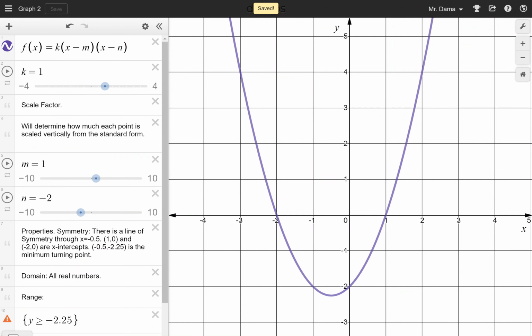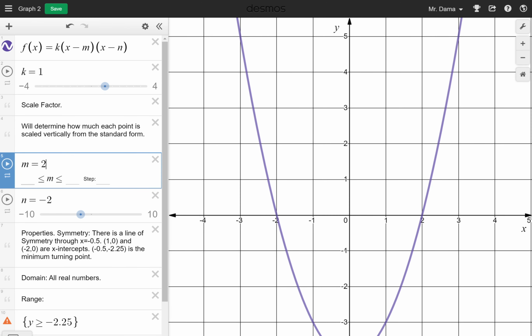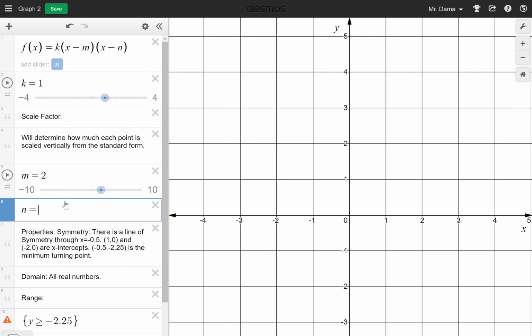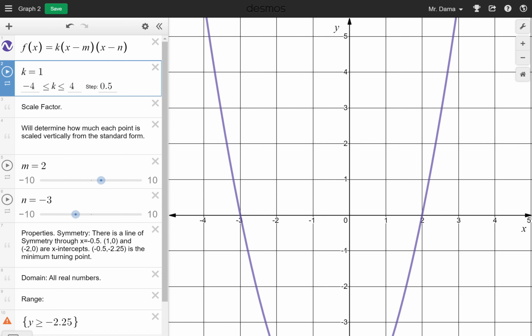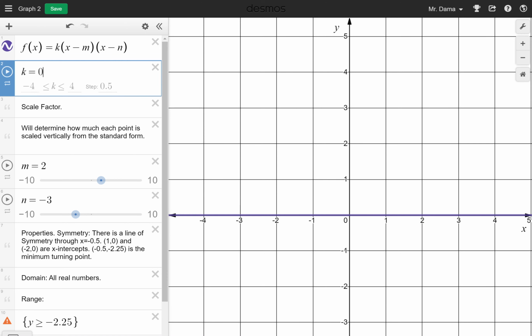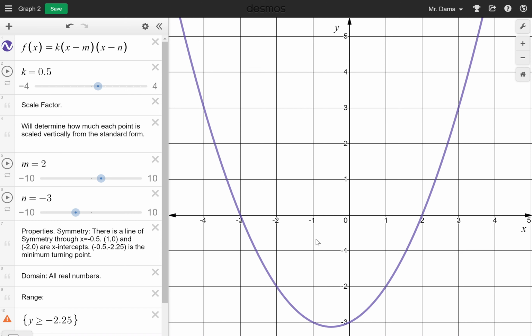In this second graph, I'm going to change n to be 2 and n to be -3. And I'll change k to be 0.5. Okay? Based on the graph here, I want you to tell me what the line of symmetry is.